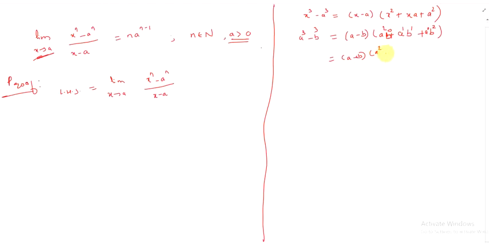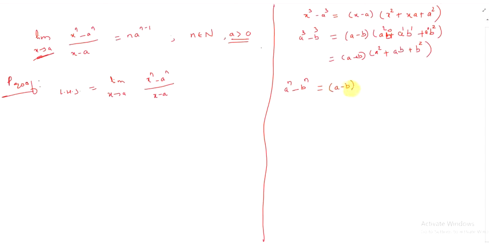You know this one, but see the application, how it is used here. Now let us consider a raised to n minus b raised to n. Then how can we expand this?